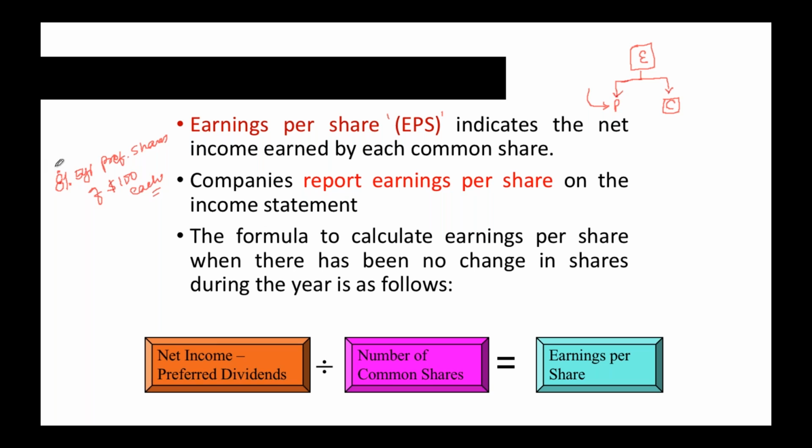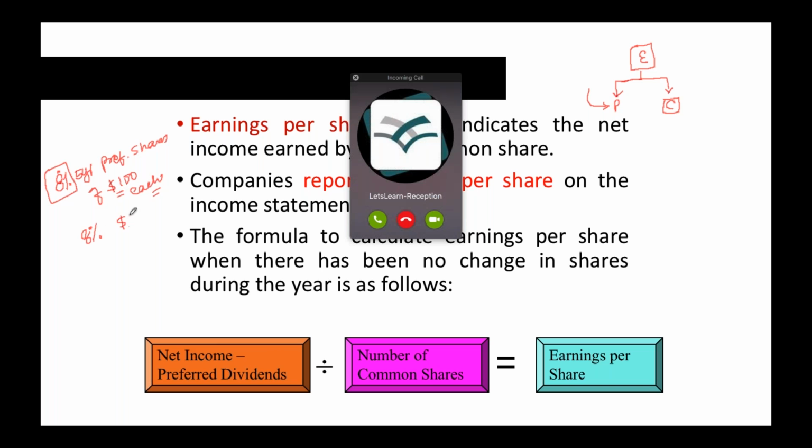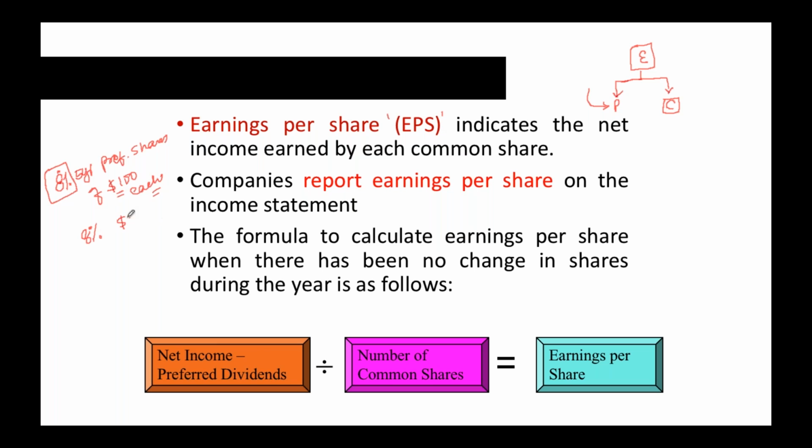Means the preference shareholders get 8% on the amount invested, irrespective of the profitability of the company. Whether the company gets huge profits or less profits or no profits, still 8% of $100 is calculated. $8 is calculated. So they will get $8 under any circumstances. They are called preference shareholders.